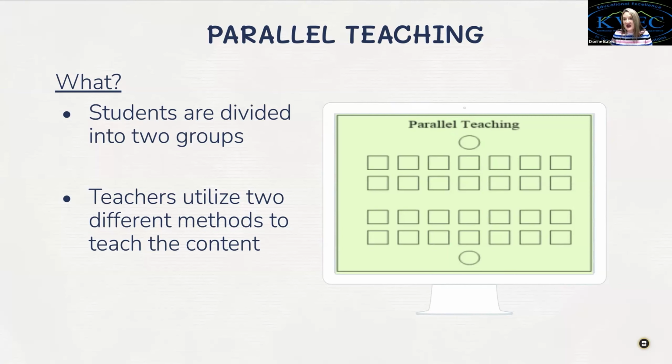The idea is that we never want to isolate any of our groups to just being the students with disabilities, right? Unless there might be times when you have to do some small group pullout or some reteaching, and it might have a large number of those students in it. Or you think about the delivery and how kids learn best, you might have them divided, but you wouldn't ever want them to be divided just by whether they had a disability or not. So parallel teaching is a good way to do that.